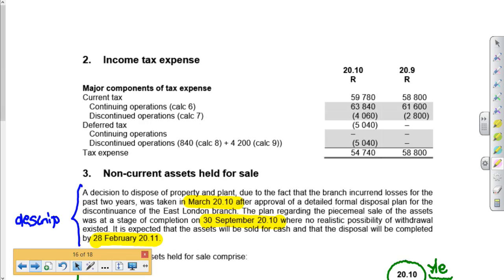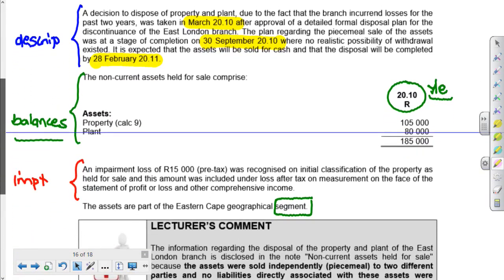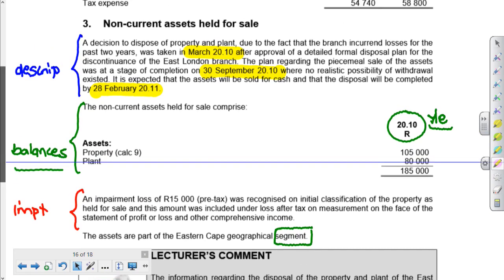Essentially, in an exam, you would be asked most of the time for these notes. And in order to get to these notes, you have to get to the number at your year end for the non-current asset held for sale, which will be the lower of carrying amount or fair value less costs to sell. What is the amount of impairment? And then you write out the note.